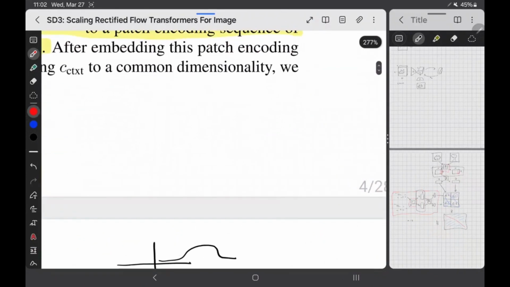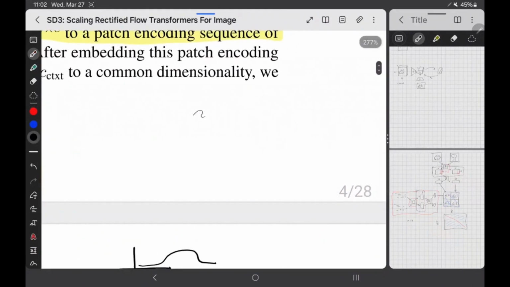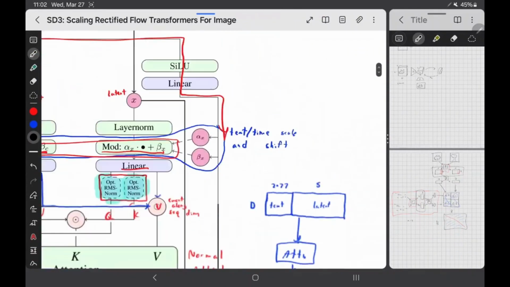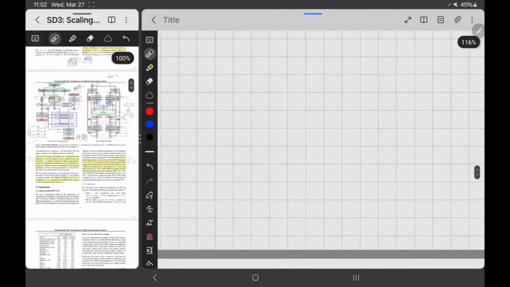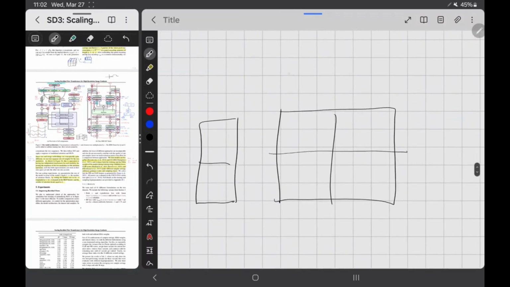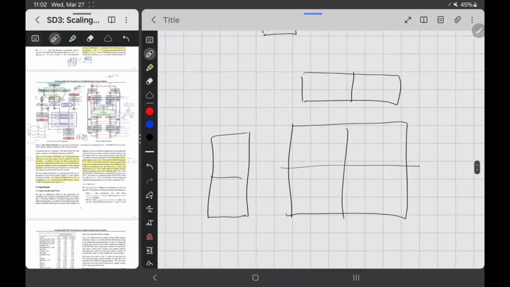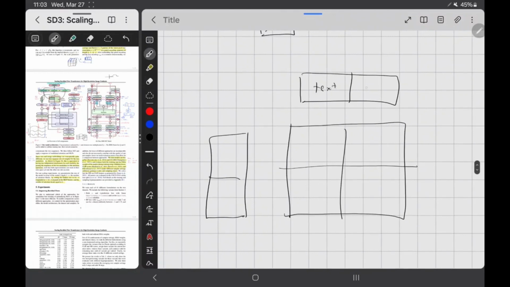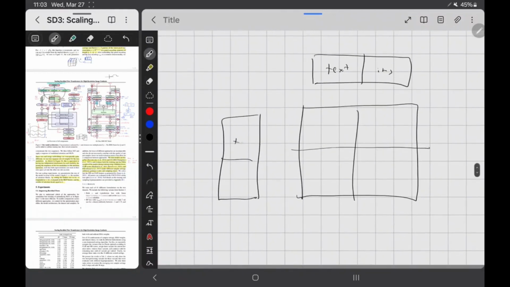So the attention mechanism basically looks something like this. I'll draw it out over here. So you have your text part and you have your image part. Your sequence here is broken up into basically two parts, your text part and your image part.